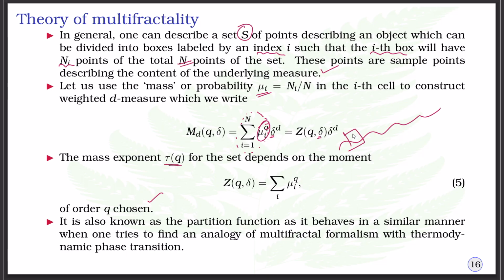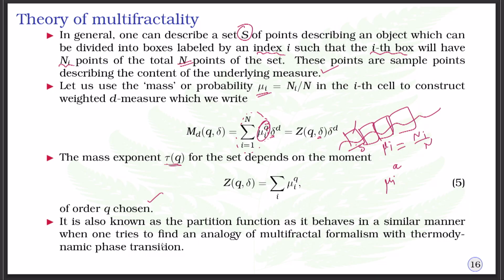If this is the i-th box, the measure μ_i, that means the density, we assign as n_i by N. Then we raise this probability to the power q and find the q-th moment. For different q values and box size δ, this will vary, so this measure gives what is inside these boxes.